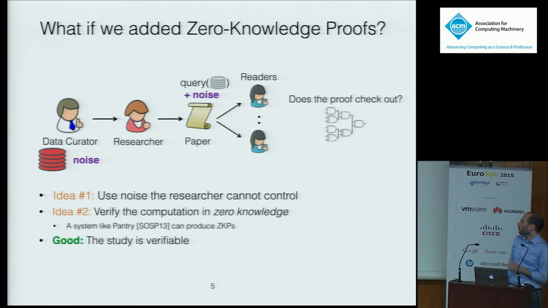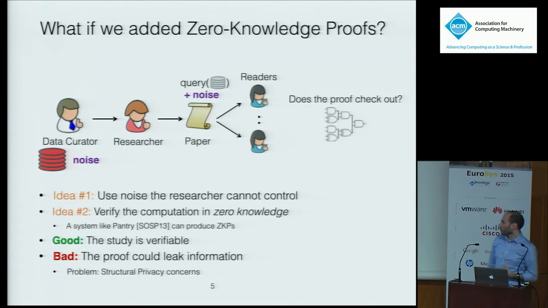And this almost works because we get verifiability. But the problem is that this approach creates a subtle privacy challenge. And this happens because if we naively generate the proof by tracing the execution of the query, then if that execution depends on the data of the database, one could look at the proof and infer information about individuals in the database.